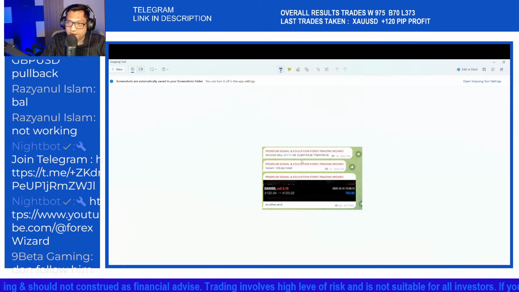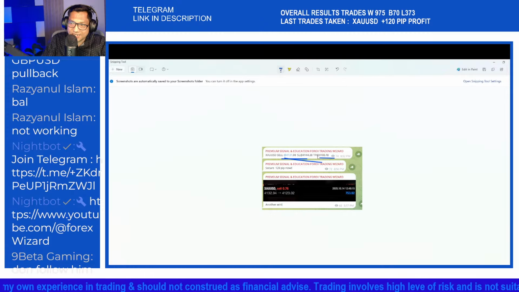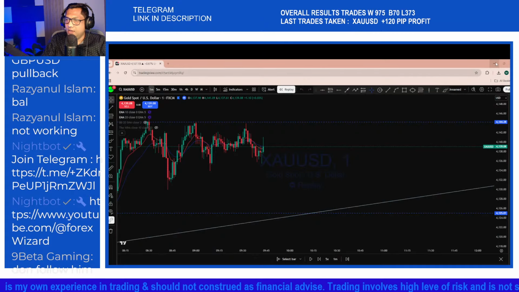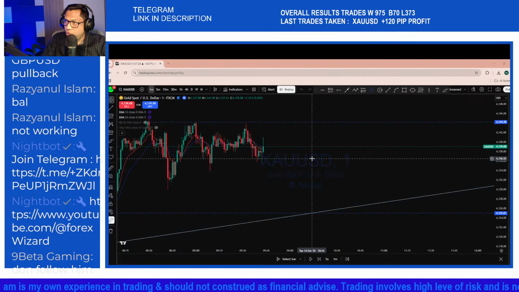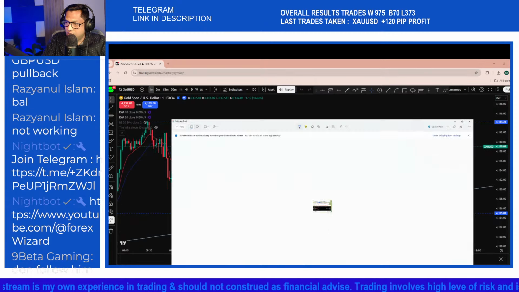Now if you look at that, the stop loss and the take profit target, the take profit was much higher, and if we look at the sell entry at 4131.90, now that is what we used the entry for.